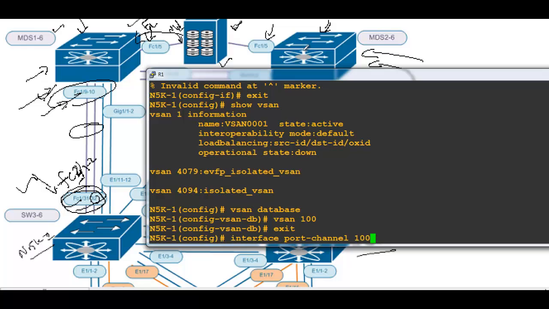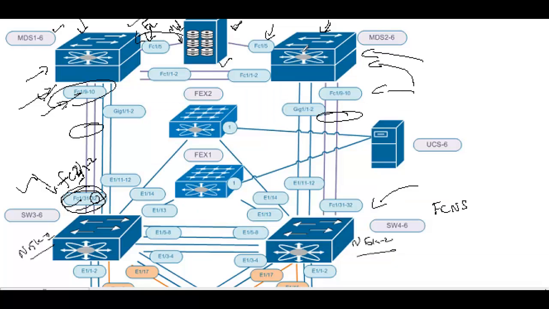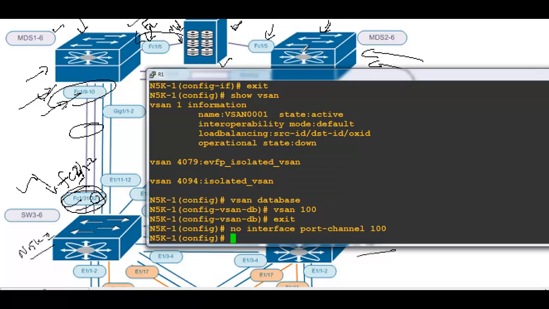This is wrong. It should be interface SAN port channel. See the difference? First I made it wrong. I was creating as if I created in MDS. On MDS you can simply say interface port channel that supports only vSANs, so it will assume it as vSAN.